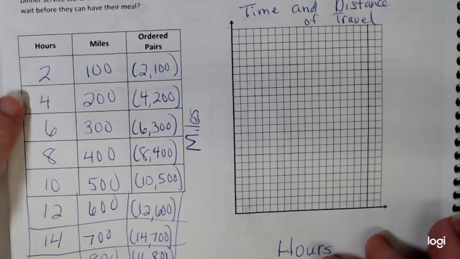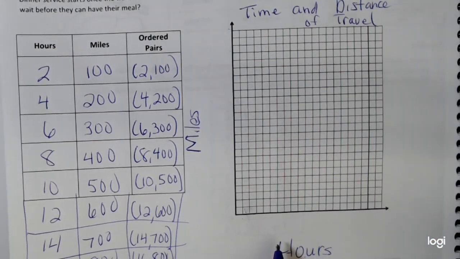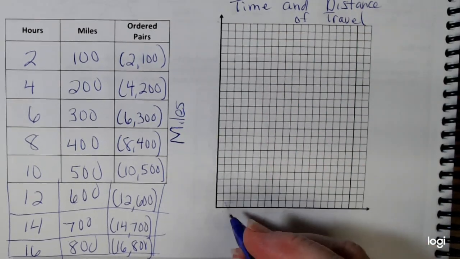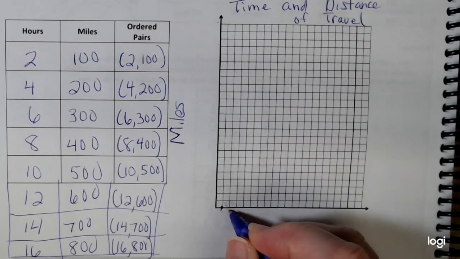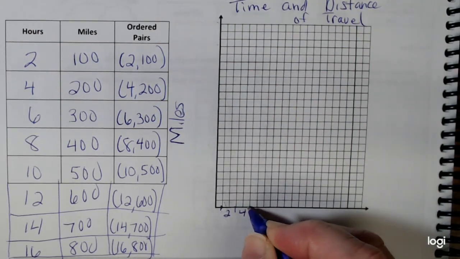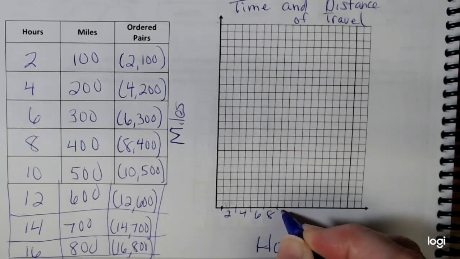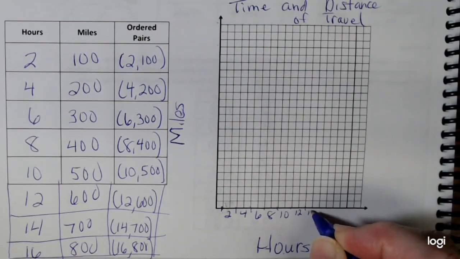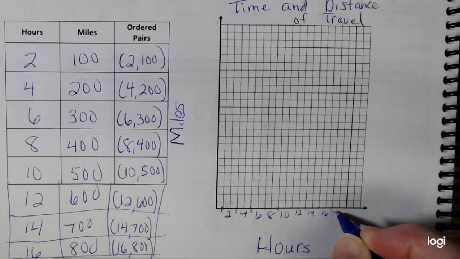Well, if you notice with our hours, we kind of counted by 2s, and so I'd like to do that down here as well. Since our grid is so small, I'm probably going to skip things. So for example, I would say that this is a 1, the first line, and then I'm going to do 2. Skip 4, 6, 8, 10, 12, 14, 16, and 20.